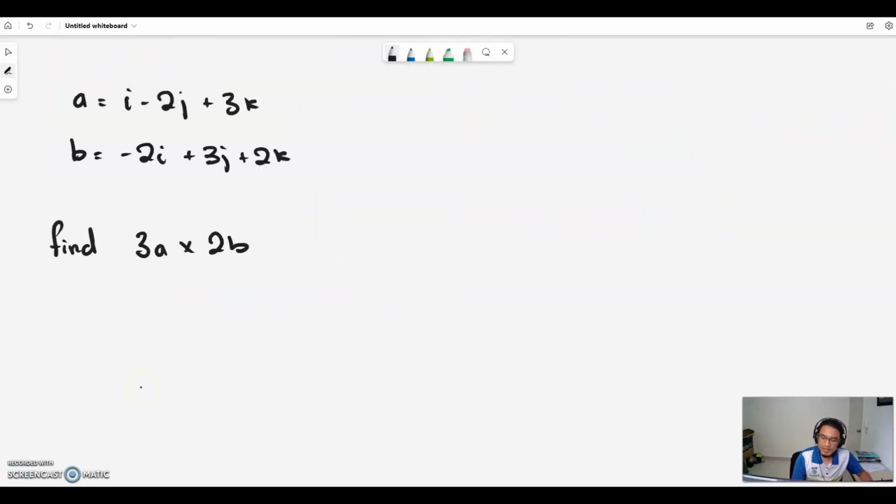Alright, the next example, we still use the same vector A and vector B. So now the question changes to find 3A cross 2B.